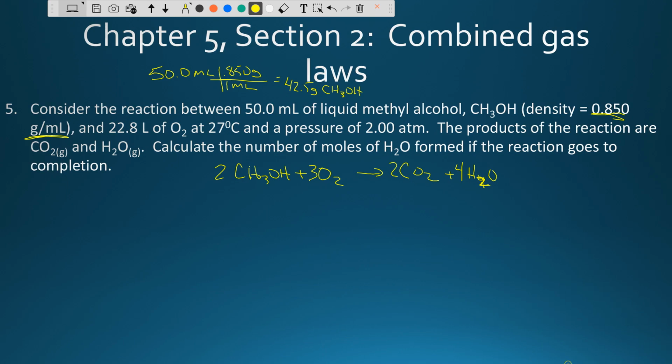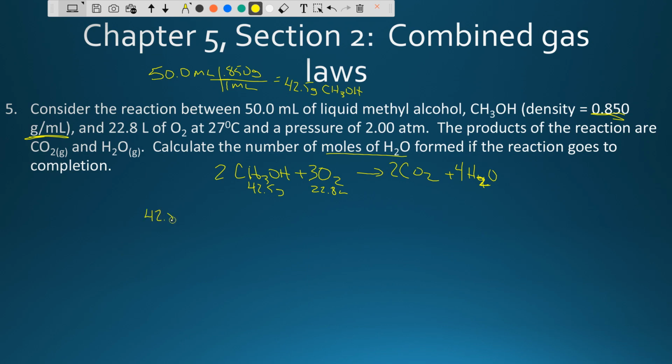Sorry about that. But notice something: they've given me two different values. I've got 42.5 grams of this, and also I've got 22.8 liters of this. This is a limiting reagent problem. They want to know the number of moles of water formed. So let's keep these consistent. Let's take a look at my methyl alcohol first.